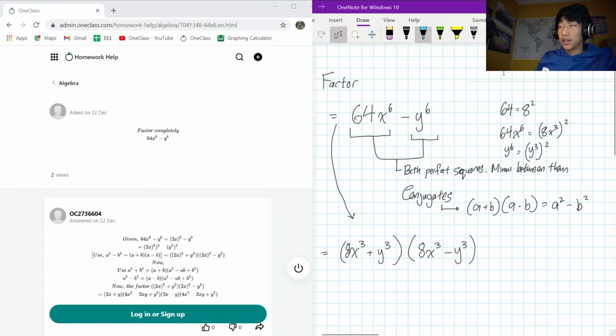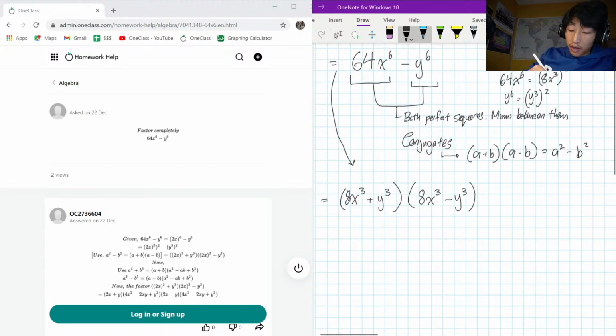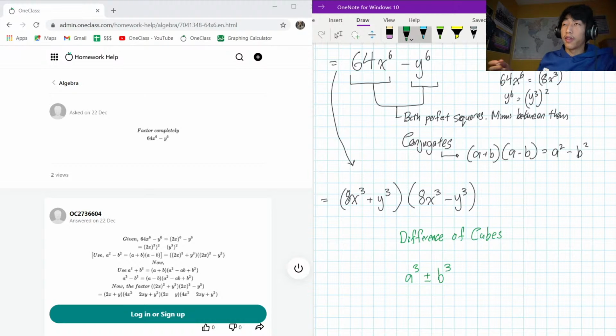Okay, so the next thing that is going to be convenient for our use is the difference of cubes. This is what the sum and difference of cubes look like. I'll do it in a different color so we don't get any confusion here. Here we have a cubed plus or minus b cubed. Unlike the difference of squares and the conjugates, there doesn't have to be a negative between them.